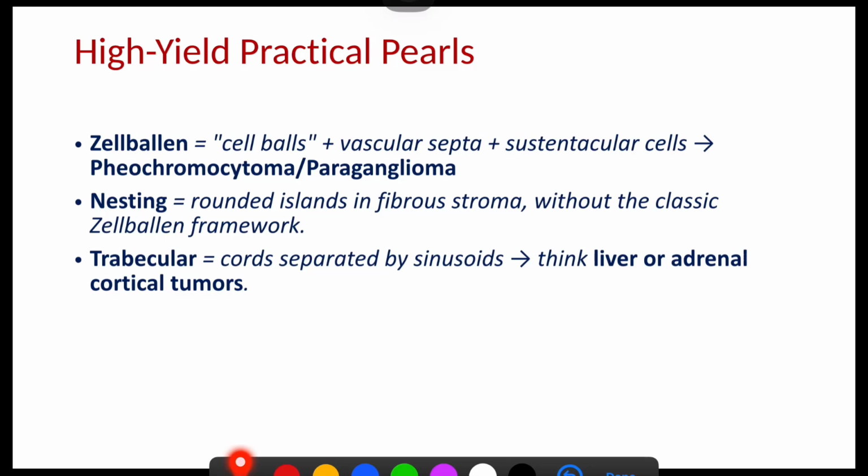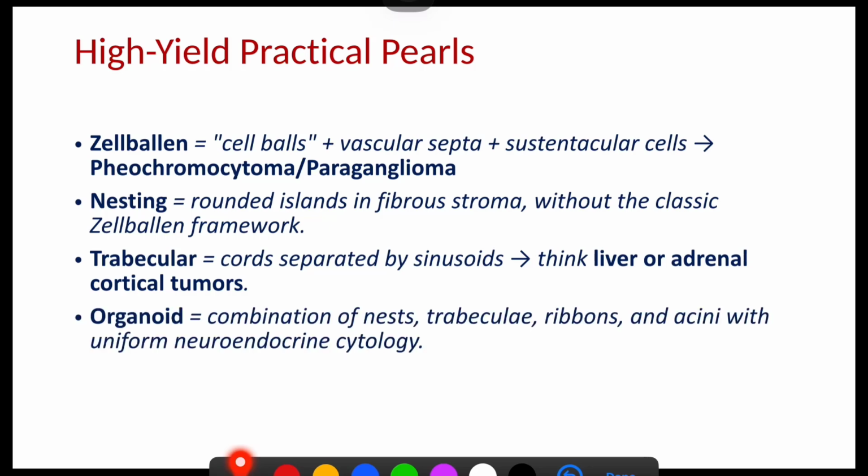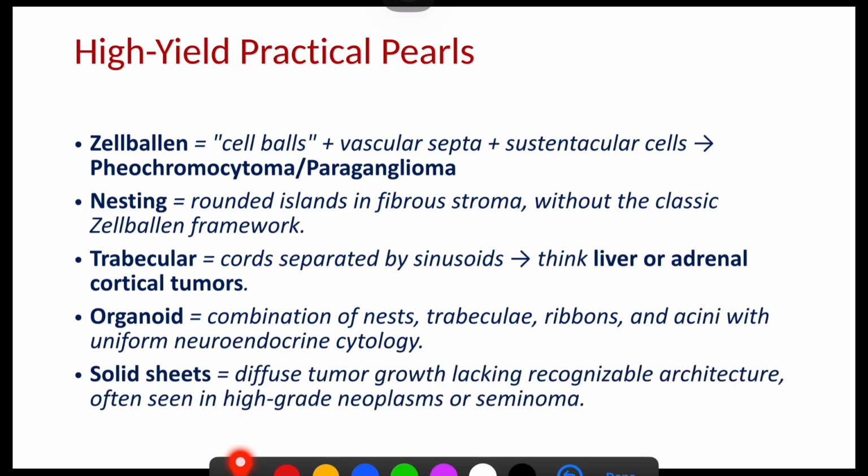Trabecular pattern shows cords separated by sinusoids. Think liver or adrenal cortical tumor. Organoid: combination of nests, trabeculae, ribbons, acini with uniform neuroendocrine cytology. And solid sheet: diffuse tumor growth lacking recognizable architecture, often seen in high grade neoplasm or seminoma.